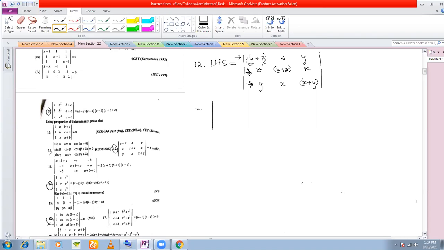For the first one, you have y plus z, and you subtract the sum of the second and the third row. You get a 0. Next here, what do you get? z minus the sum of these two, which is z plus 2x, and y minus the sum of these two, which is 2x plus y.